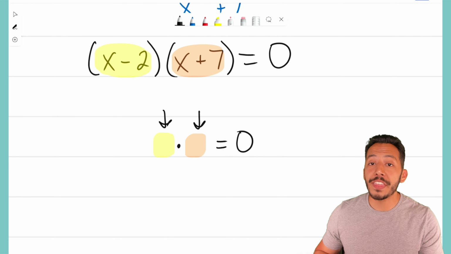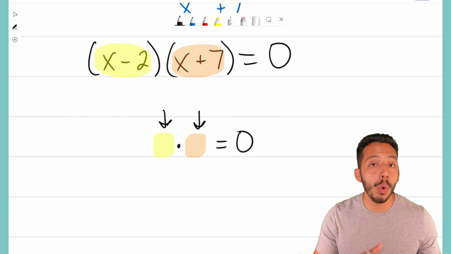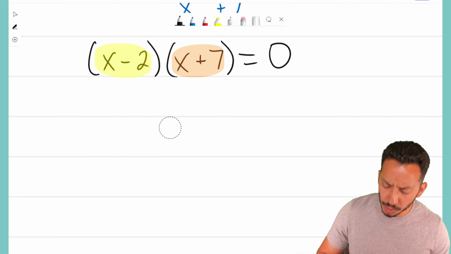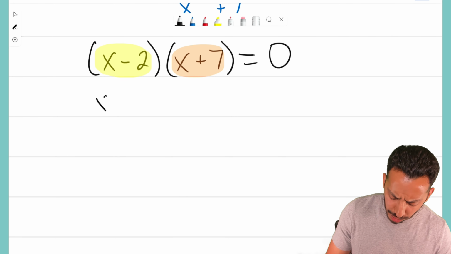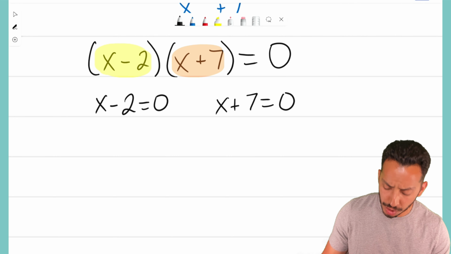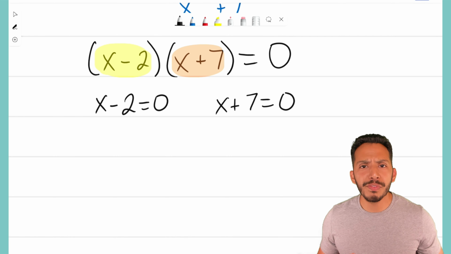We know that x minus 2 times x plus 7 equals 0, so one of those has to be 0. We're going to split them up and set both factors equal to 0.